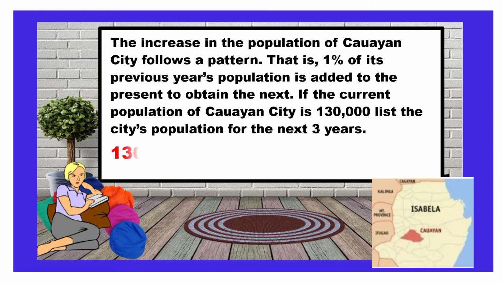So to list the population for the next 3 years, we have 130,000. This is the population of Kawayan City in year 2015, which is increased by 1%. Then the next year, after 2015, the population will be 131,300.